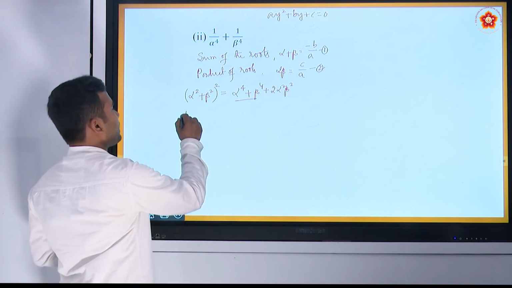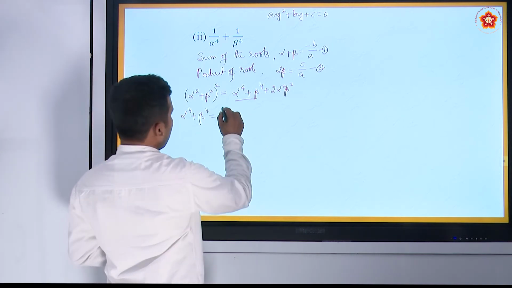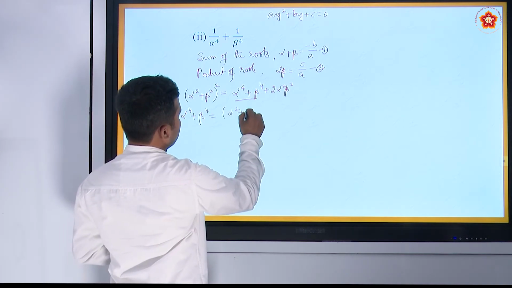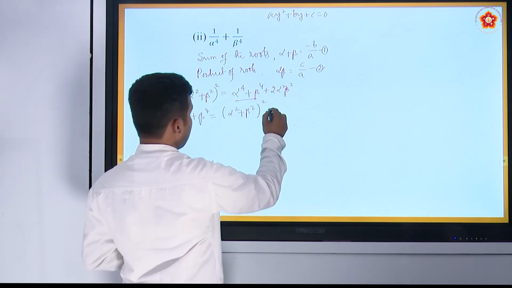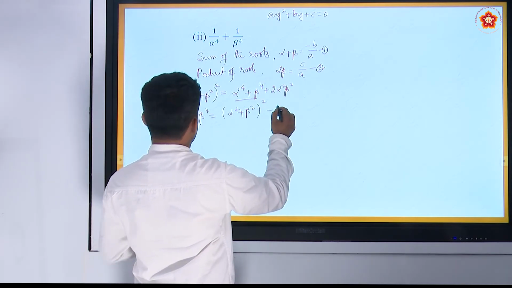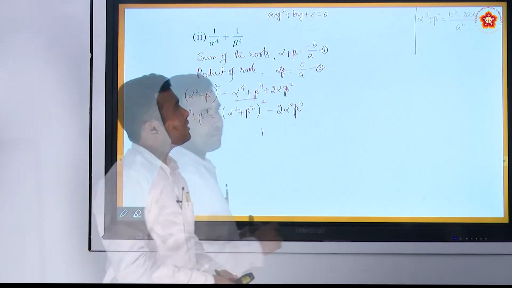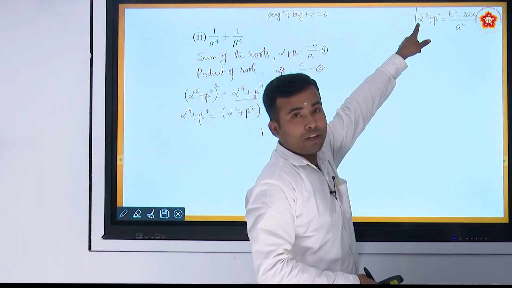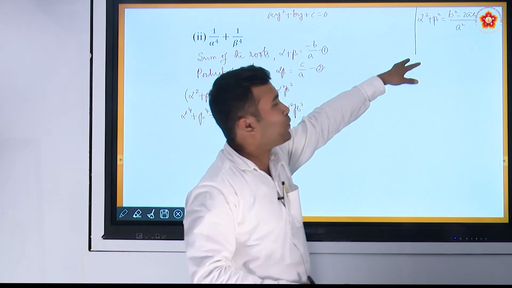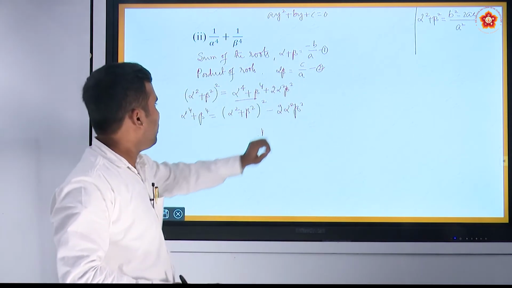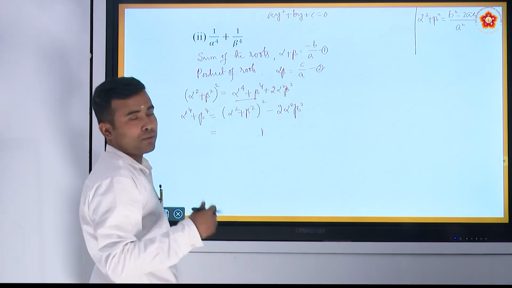Now here I want alpha power 4 plus beta power 4. So that can be written as alpha power 4 plus beta power 4 is equal to alpha square plus beta square whole square minus 2 alpha square beta square. As we know, alpha square plus beta square is b square minus 2ac by a square, and you make a square of that, you will get alpha square plus beta square whole square.